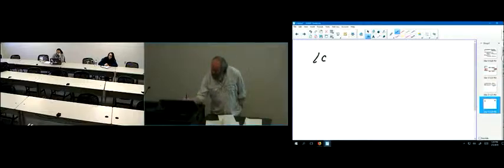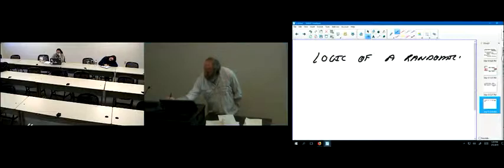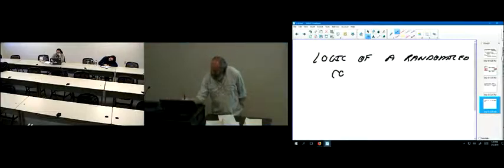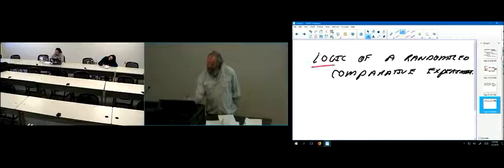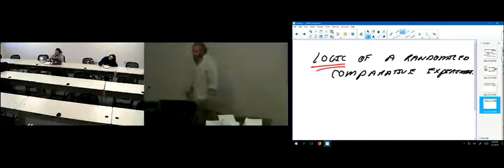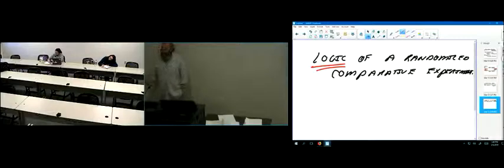The logic of a randomized comparative experiment. So I'm interested in this part right there. In other words, what kind of conclusions can I draw after the fact?